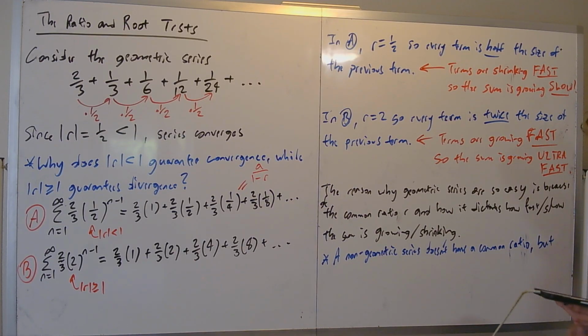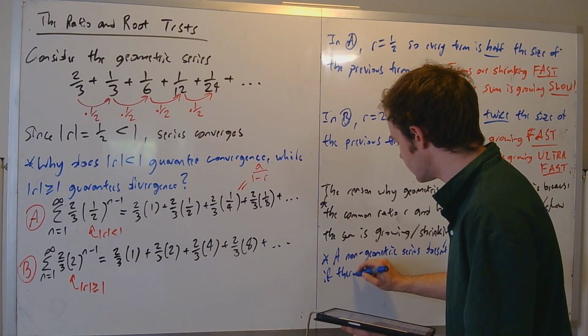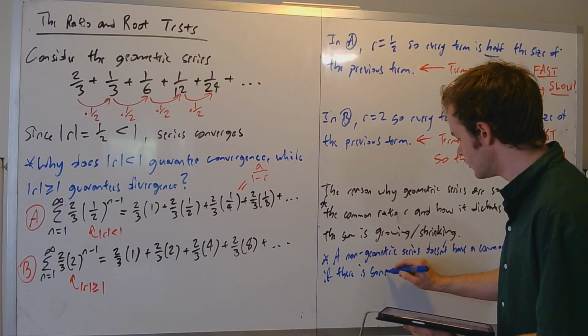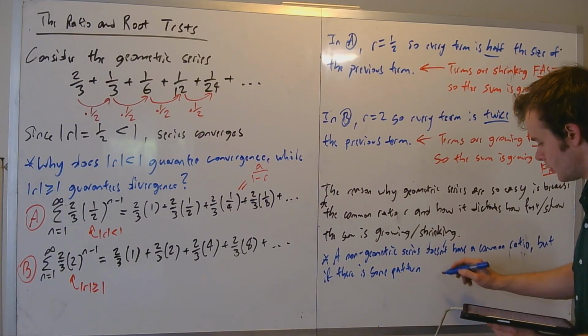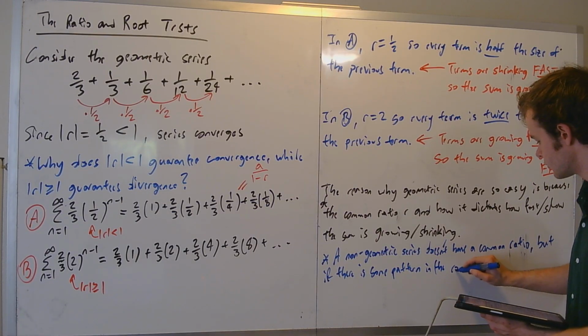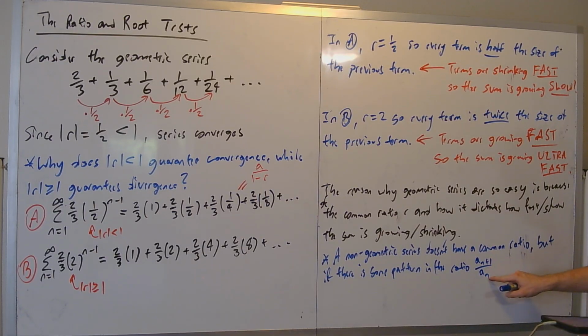But if there is some pattern in the ratio a_{n+1} over a_n, so this is the next term over the previous term, right? So this is a term divided by its previous term is what I meant to say.